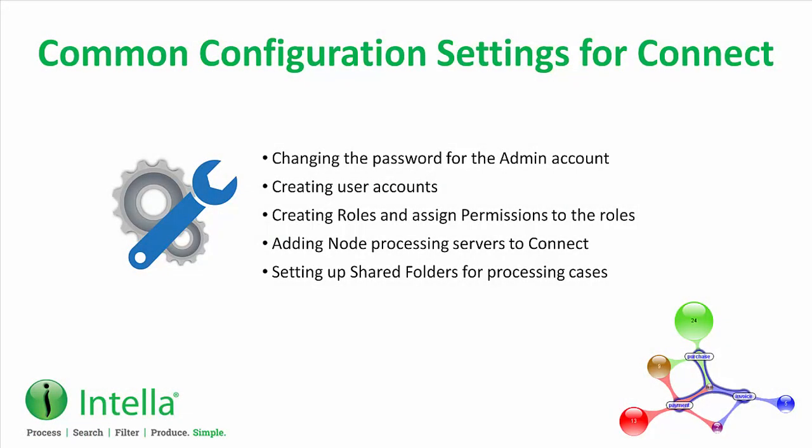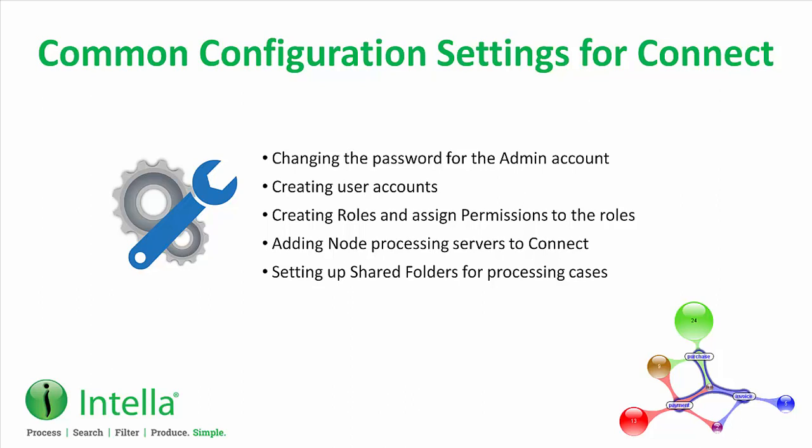The second item that we need to configure is the shared file system. As mentioned, this is where the administrator configures the shared folder locations which the Connect and Node systems use. We recommend that the shared folder locations are set up on the Node system. This is similar to what we recommend with our desktop products, where the case, source, and optimization drives are all local drives on the processing system.